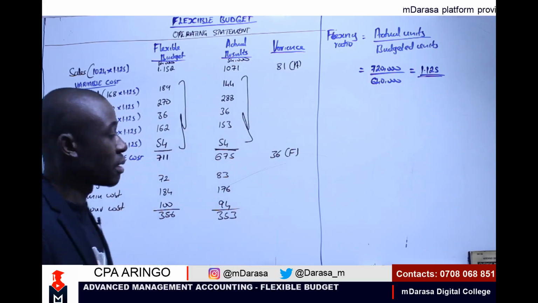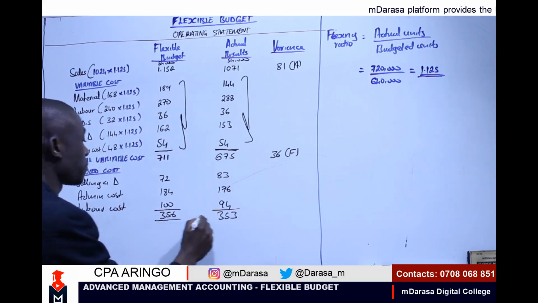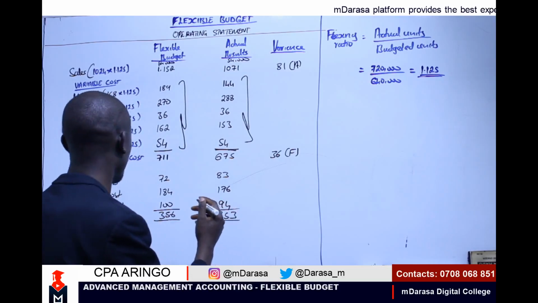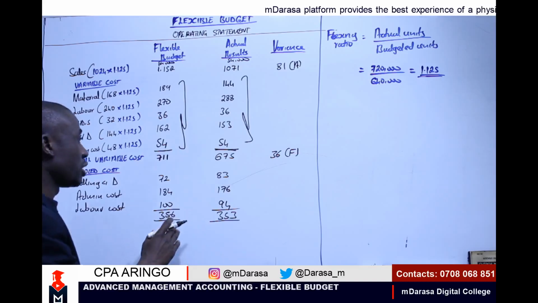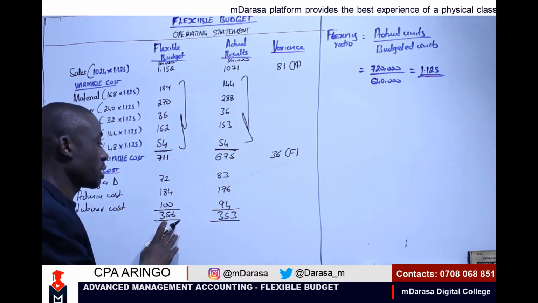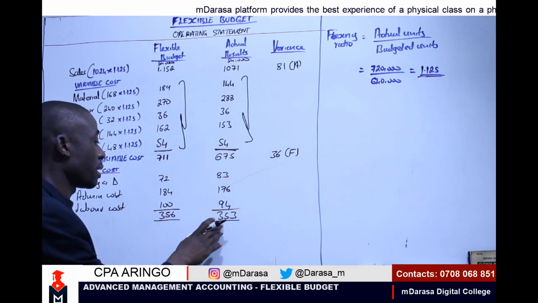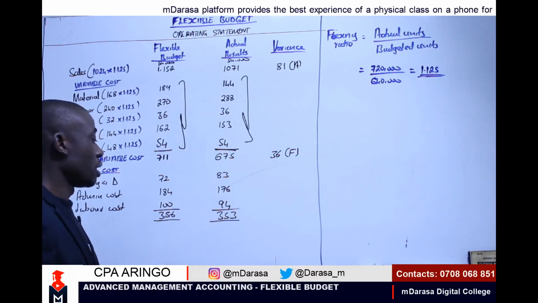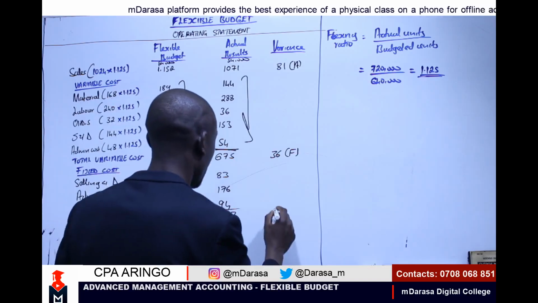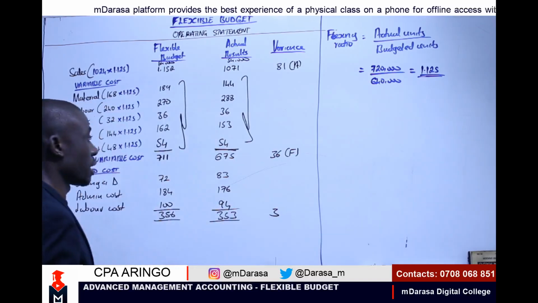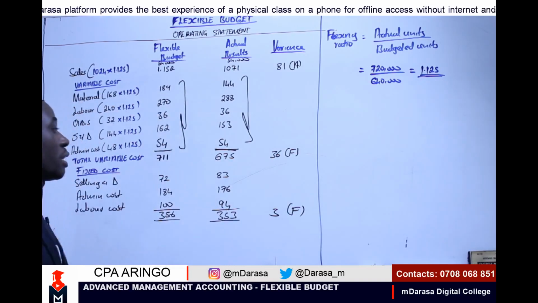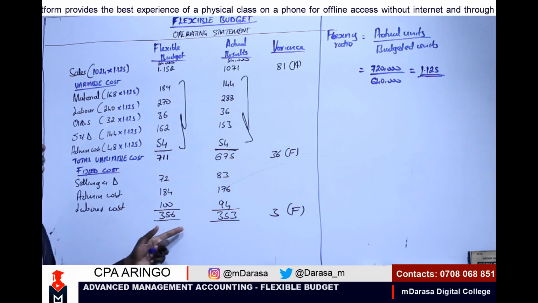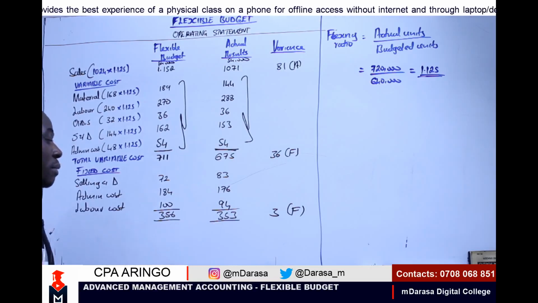So the same concept will apply. I can clearly determine our variance. I had budgeted for 356 in regard to our cost. I'm spending 353. So I should be talking of a variance of 3. That variance, of course, is in favor of us, because you can see here, I'm spending less than what we had anticipated.